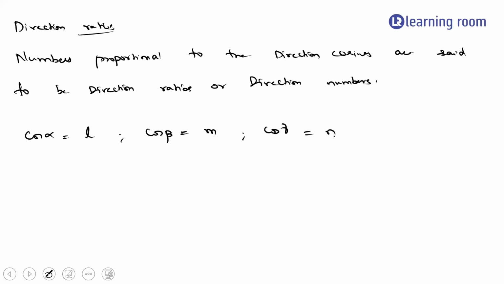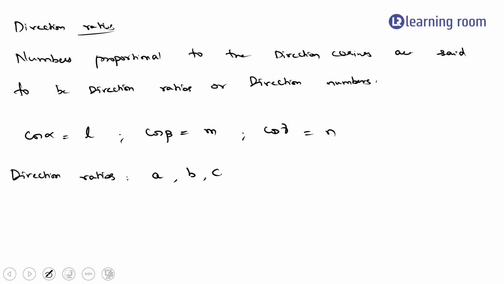Okay. Similarly, if I talk about direction ratios, the symbols used are a, b, and c. So throughout three-dimensional geometry, if you see the letters a, b, and c, it is understood that they are speaking about direction ratios.